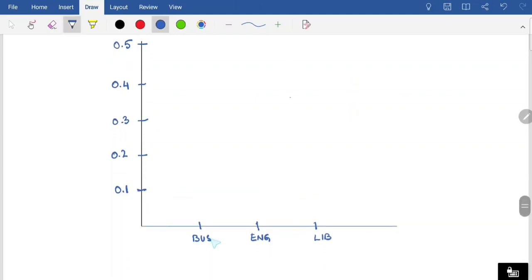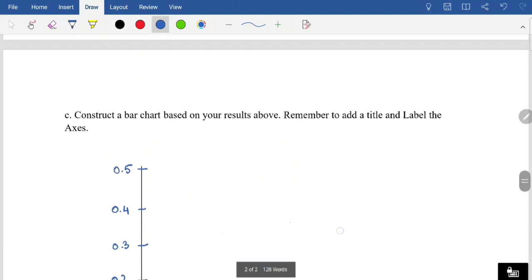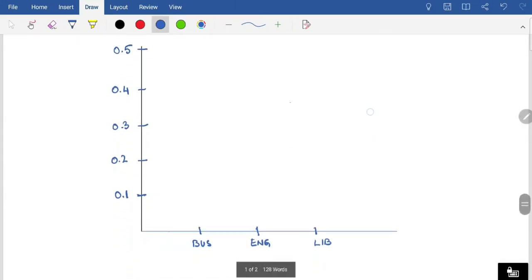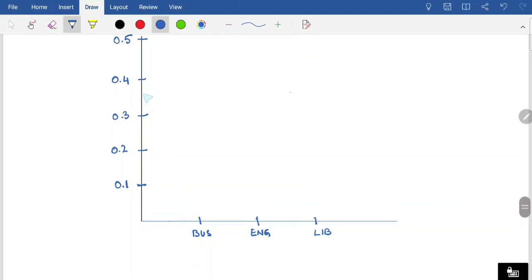So business had how much did it have? 36%, right? So 0.36. 0.36 would go up as high as between 0.3 and 0.4 roughly. So we will draw a rectangle around business, and excuse my line, it's hard to draw this digitally. A little bit above, then turn around and drop down.